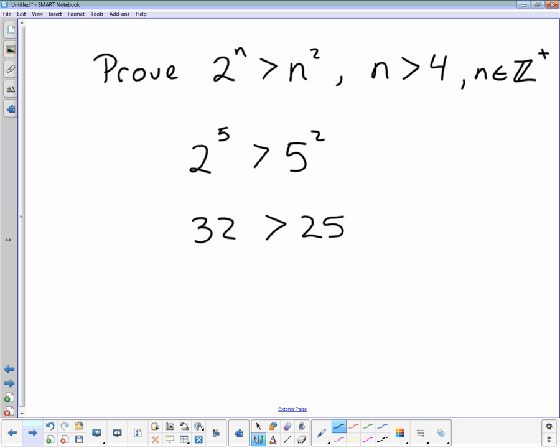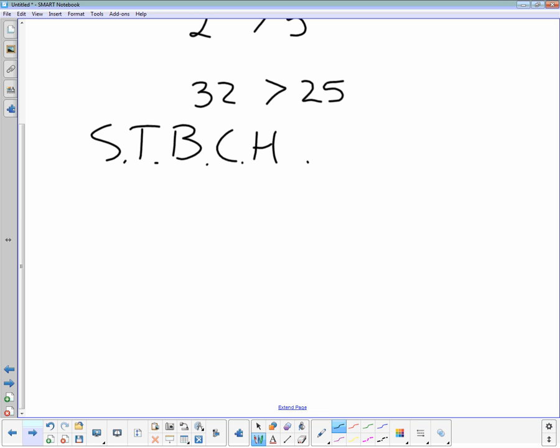Okay. All right, so we're trying to prove, and we're going to do this one really fast, so the base case holds. Right. Now, we assume that everything up to the k case holds, and we're trying to prove the k plus 1 case.